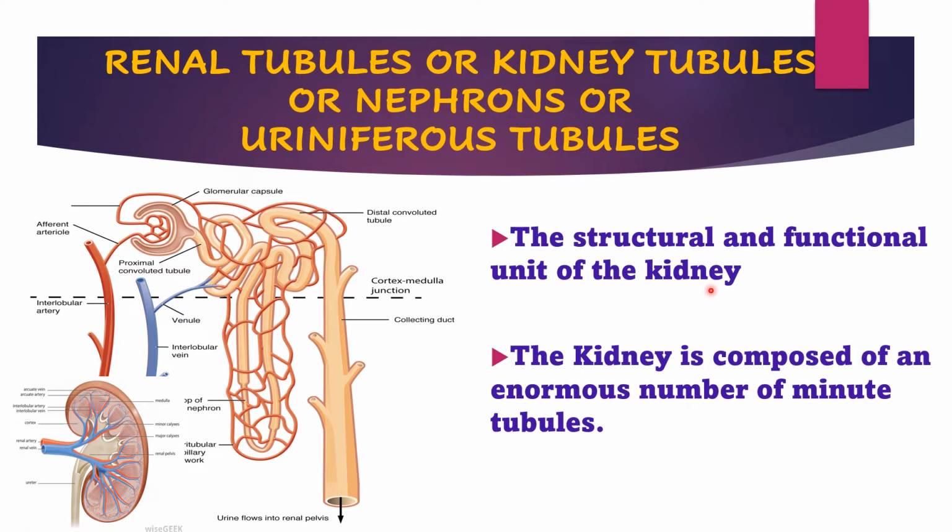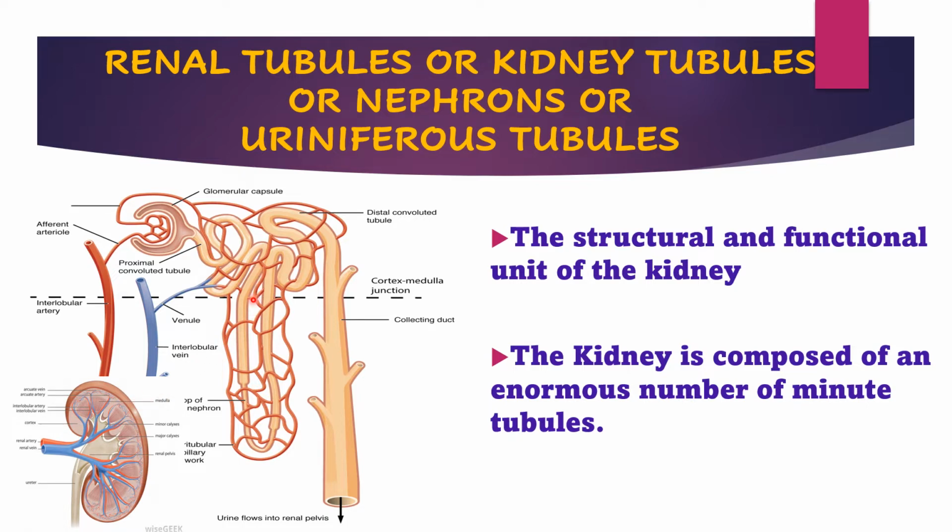Another point: the kidney is composed of an enormous number of minute tubules. These are nephrons. There is not only one; you can see numerous nephrons in a single kidney.